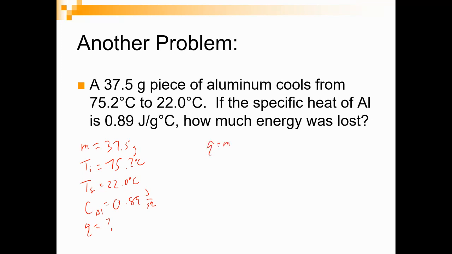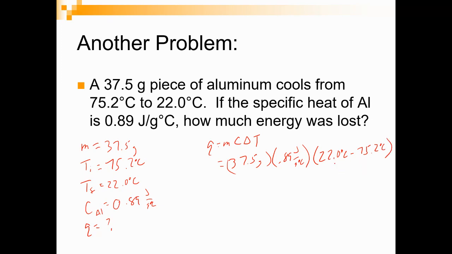Q equals mcΔT. M is the mass, 37.5 grams. C is 0.89 joules per gram degree Celsius. And change in temperature is T final, so 22.0 degrees Celsius, minus T initial, 75.2 degrees Celsius.